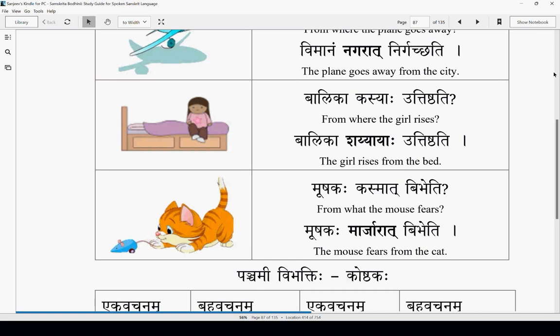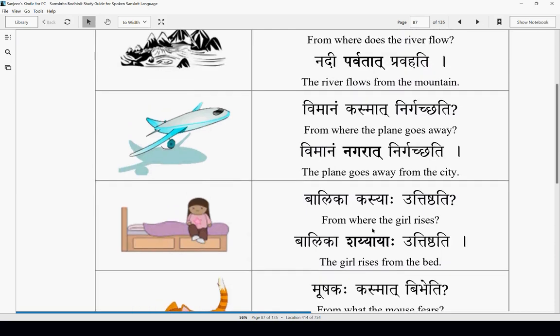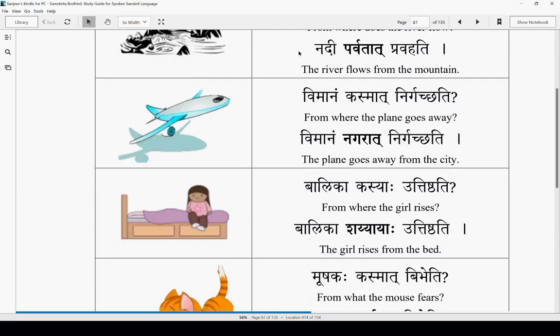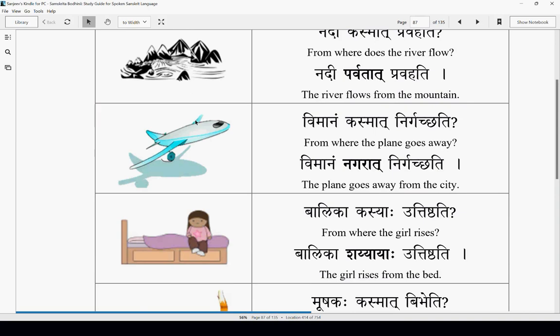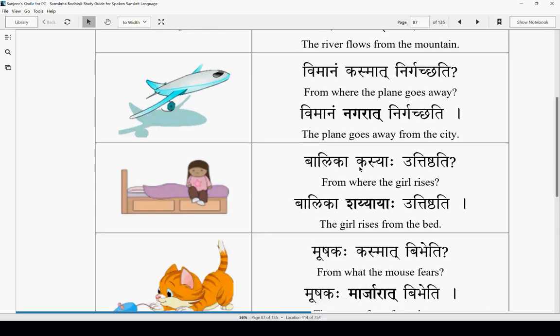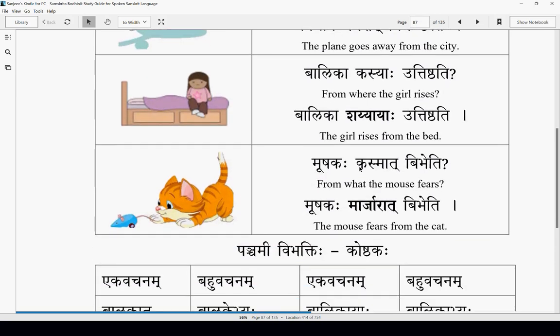So here, bibheti. Now we talked about shayyayah uttishtati, parvatat pravahati, nagarat nirgacchati. Here there is a very clear physical moving away of something from something. Vimanam kasmat nirgacchati, vimanam nagarat. From the city it is moving away, so we are using Panchami. However, here what happens? Marjarat bibheti. Is there anything moving away? The mouse is scared of the cat.